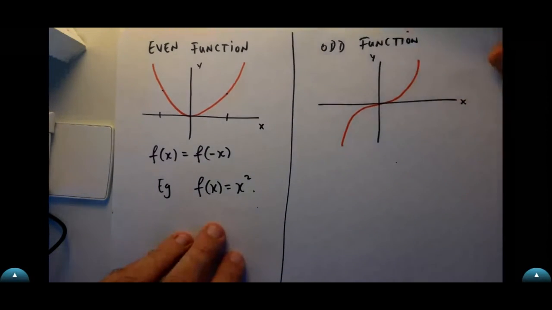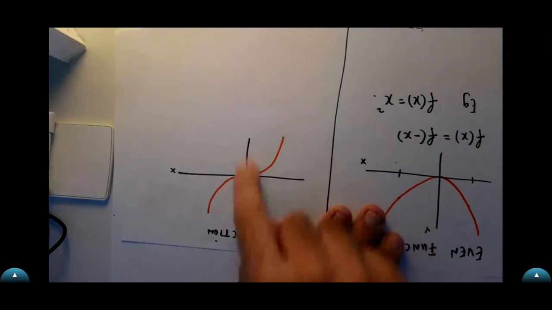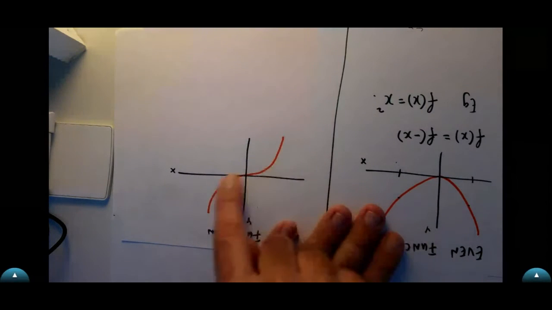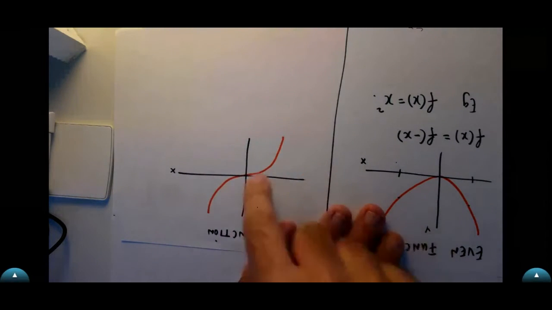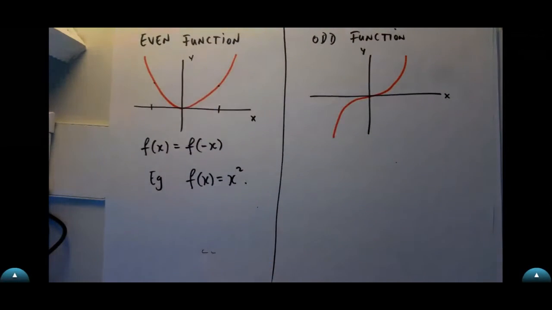Now, if I rotate my entire page, just looking at this graph here, I get the same function. Okay, obviously the axes are a little different, but I get the same function. So this would be my new positive x-axis, positive y-axis. So that's a quick check to see whether or not a function is odd.